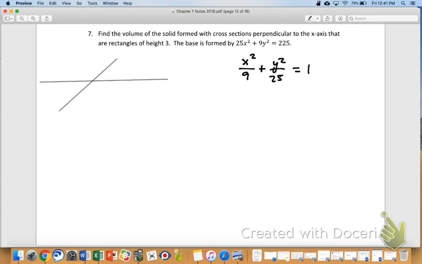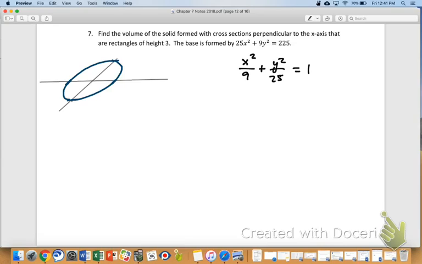So like 5 would be up there. Negative 5 would be there. Maybe that's 3 and 3. Something like that.